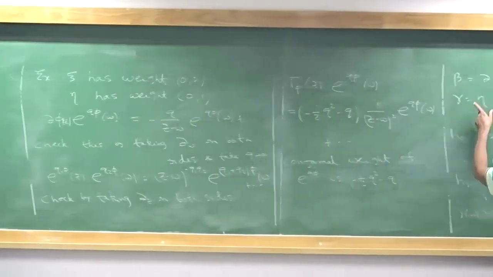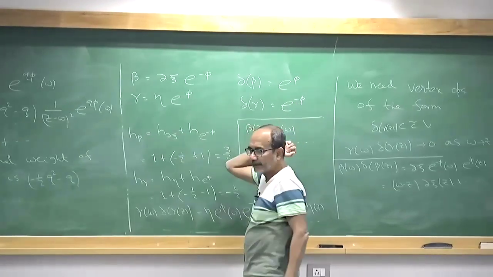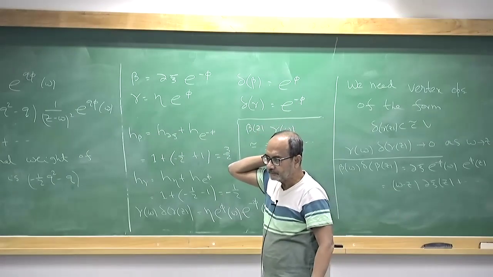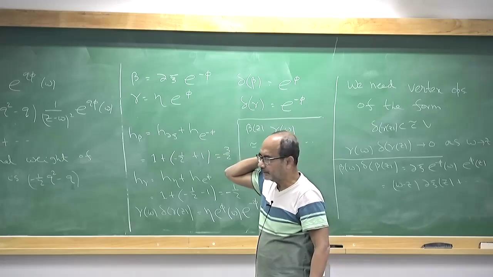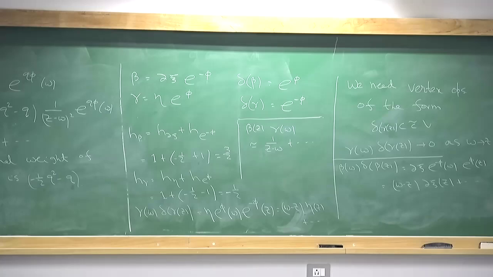Here, beta gamma with delta beta is what you want, right? You will get eta e to the 2 phi. It's not easy to invert, right? Eta is this, and e to the 2 phi will be like delta beta squared, with some, I mean, you have to separate out some z minus w parts.